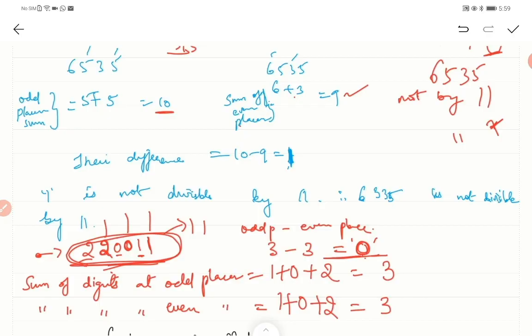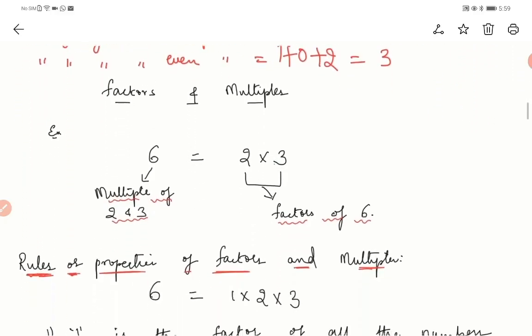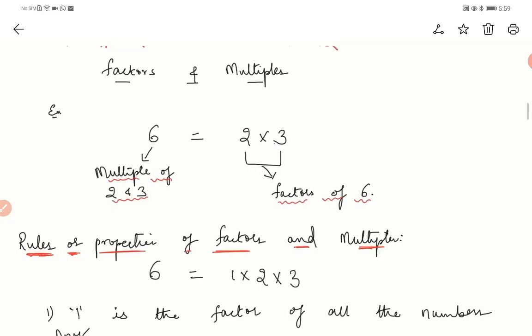Now let's move on to the next part of your unit, which is factors and multiples. Everyone just pay attention. You need to know what the factors of a given number are and what the multiples of a given number are.